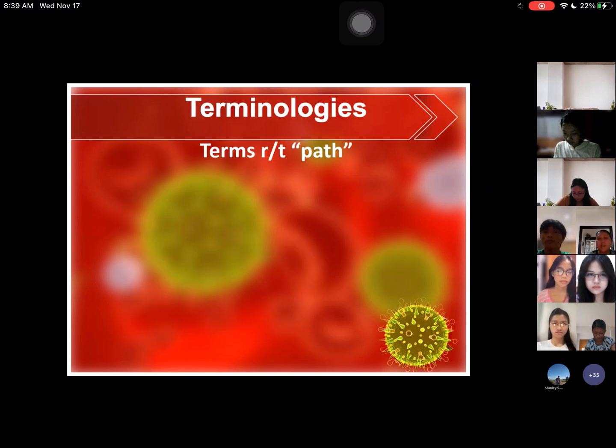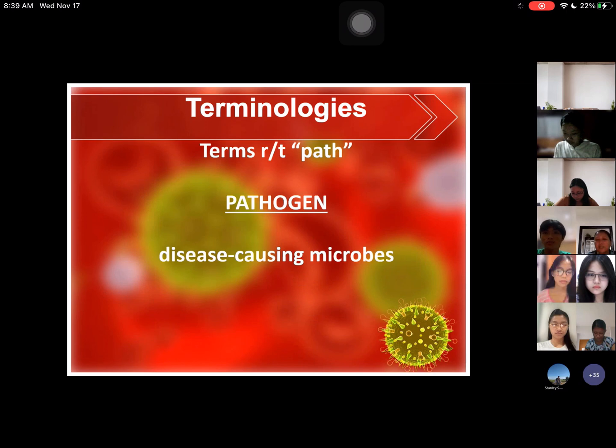And the pathogen is the disease-causing microbe. So when we talk about a pathogen, it can be a microorganism, a virus, a bacteria, a parasite, protozoans. These are disease-causing microbes.